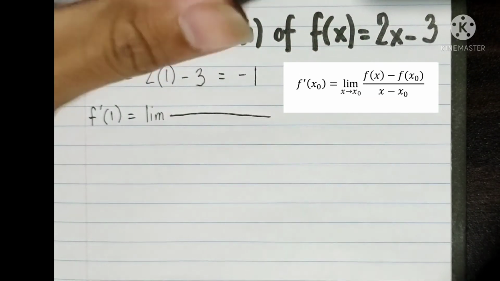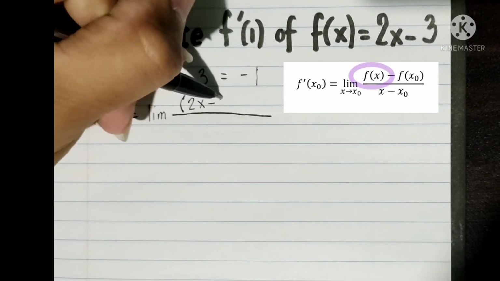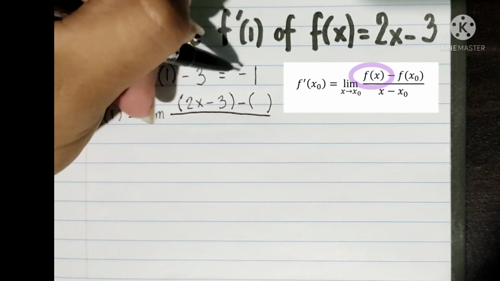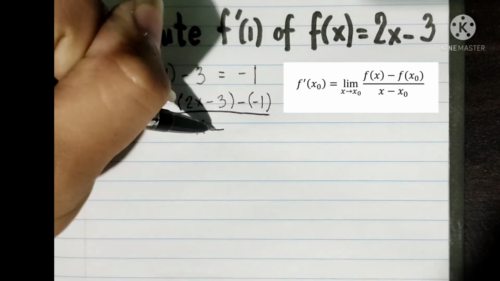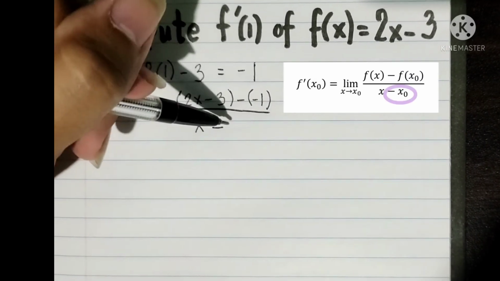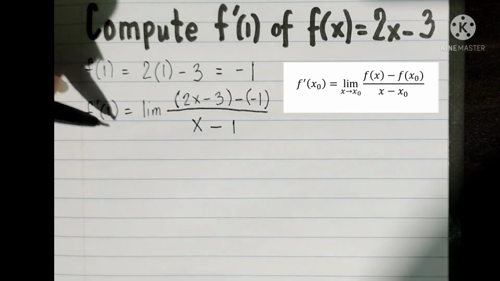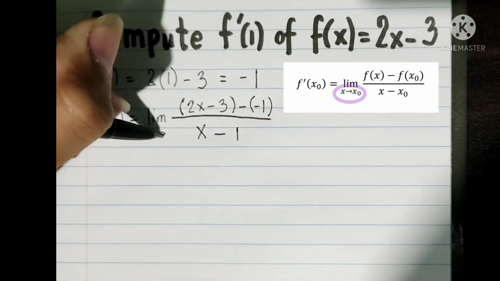This expression will replace f of x. This will replace f of x sub 0. Our x sub 0 is 1. Hence, x is approaching 1.